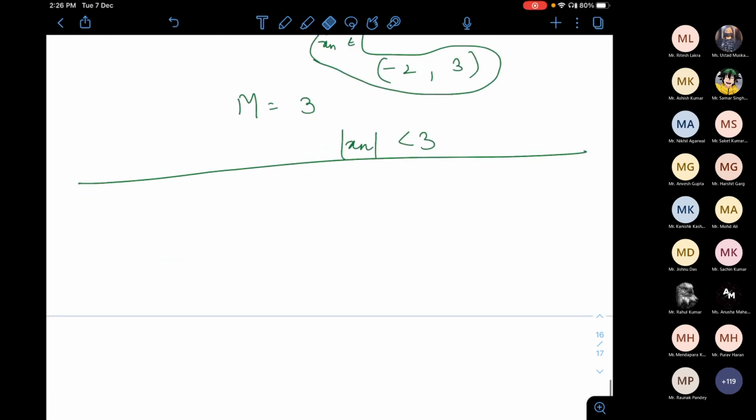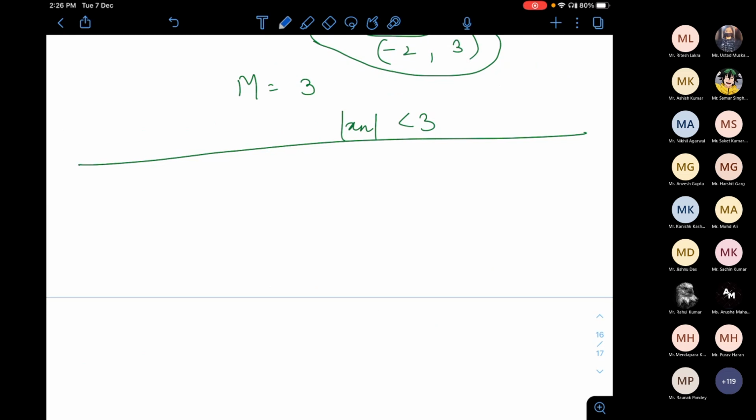Look, I have taken this sequence, the first example you gave in your class. Can you find any m greater than 0 such that it bounds it? Whatever m you find will depend on n.